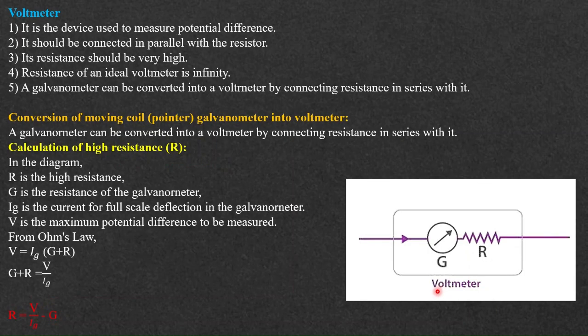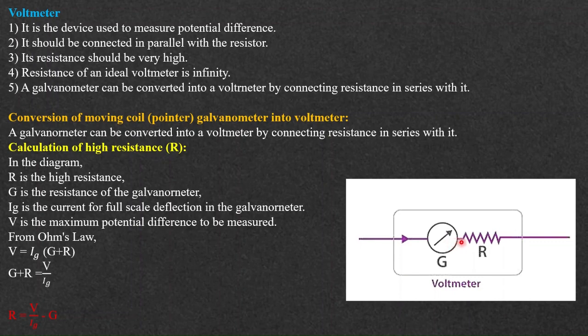Now let us learn how to convert a galvanometer into a voltmeter. Here you can see the circuit diagram. To convert a galvanometer to a voltmeter, we connect a high resistance in series with the galvanometer. This is the series connection.